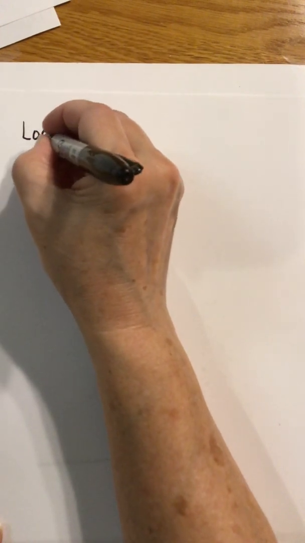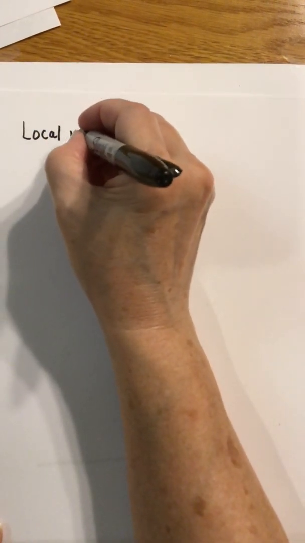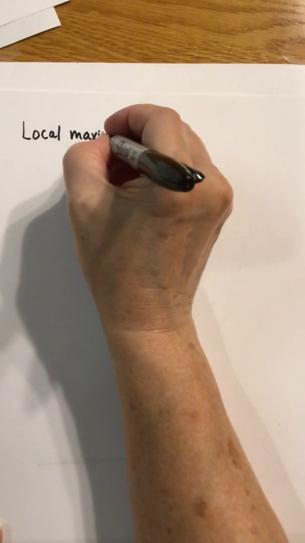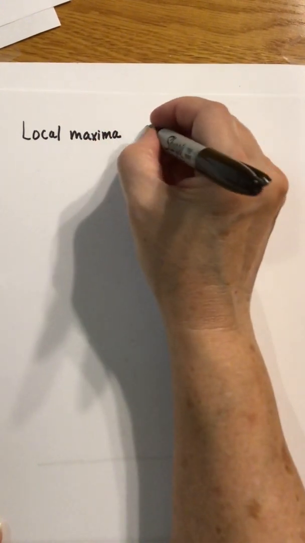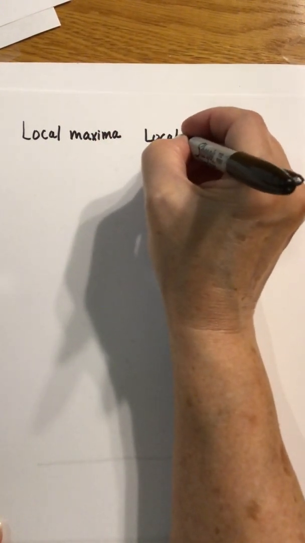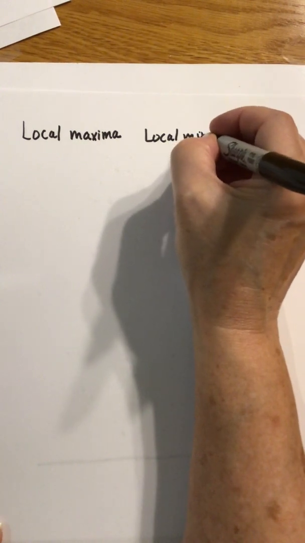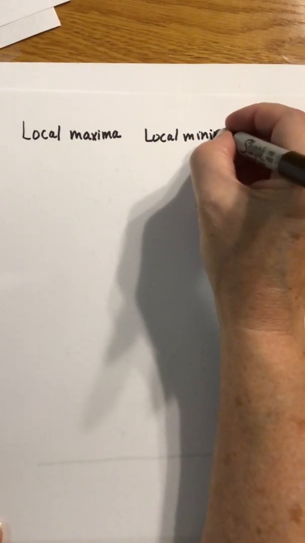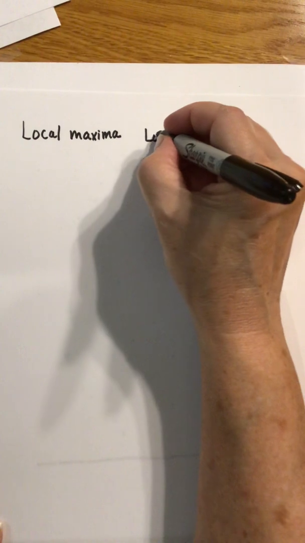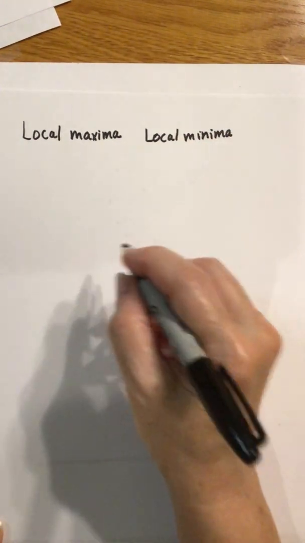Okay, the next thing we're going to look at on the graph is the maximum and minimum. We're going to actually look at what we call the local maxima and local minima. So we're going to look at an example.